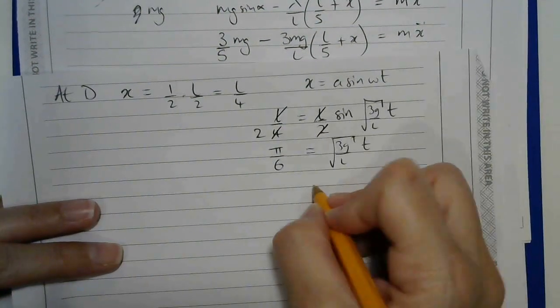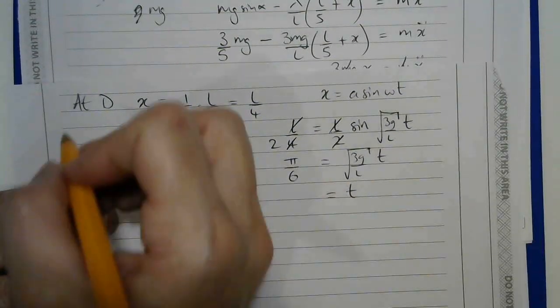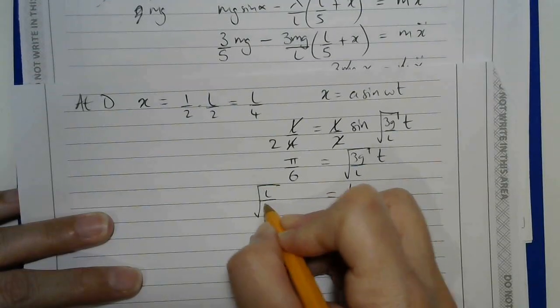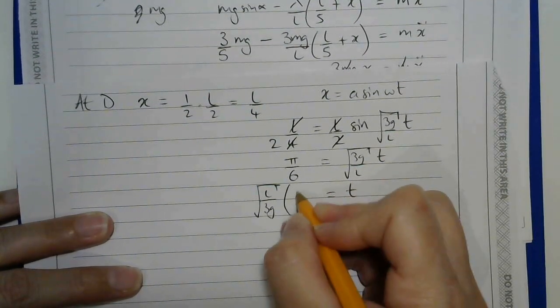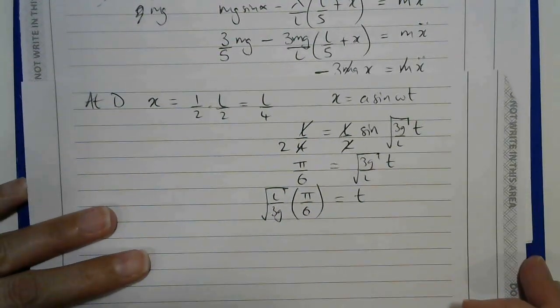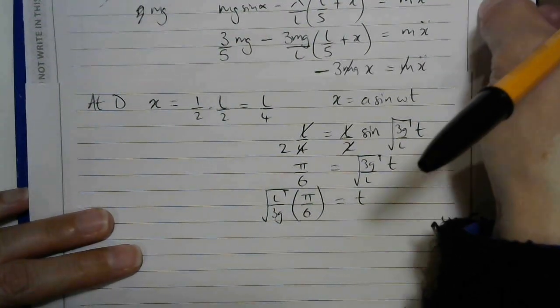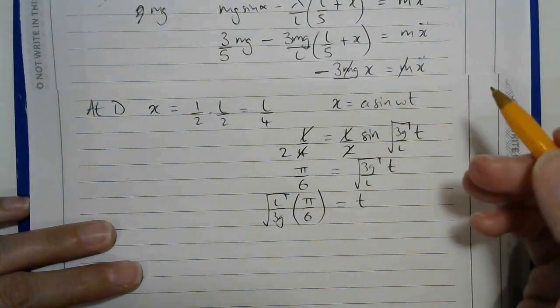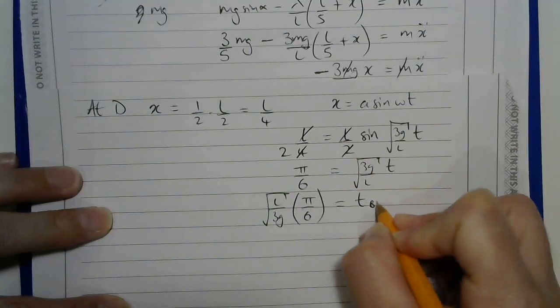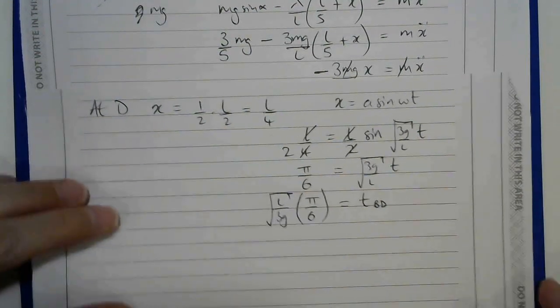So to end up with that value of t, I multiply by root L over 3g, and so I've got pi over 6 multiplied by that thing. Then when it says the time from D up to when it gets slack, this is the time from B to D or D to B, same thing.